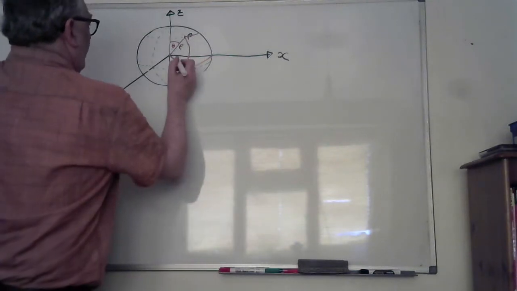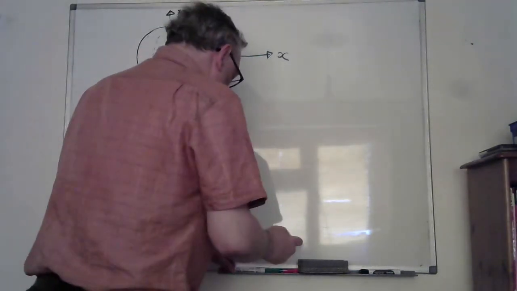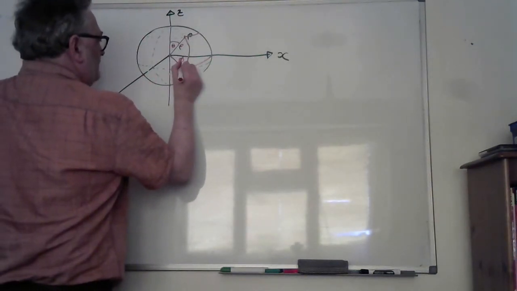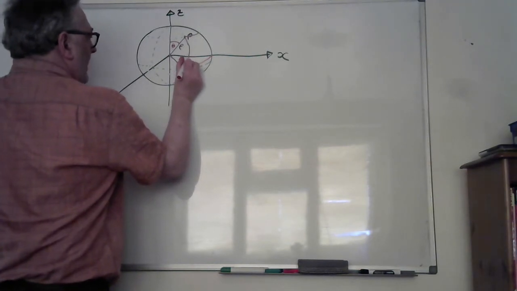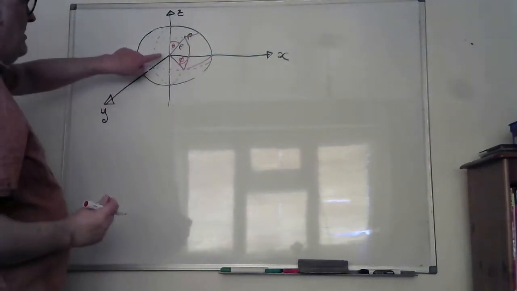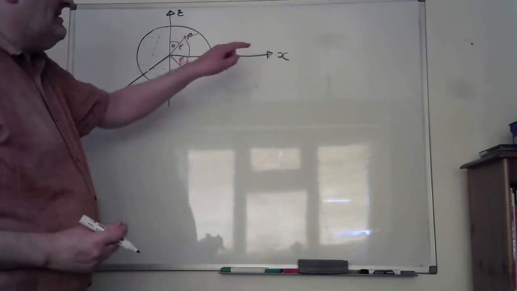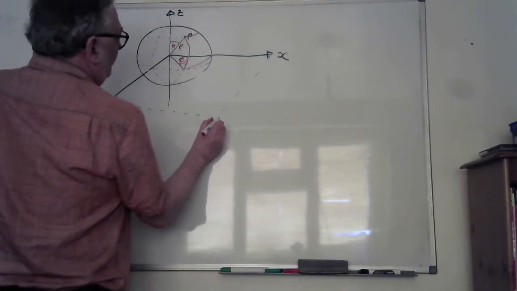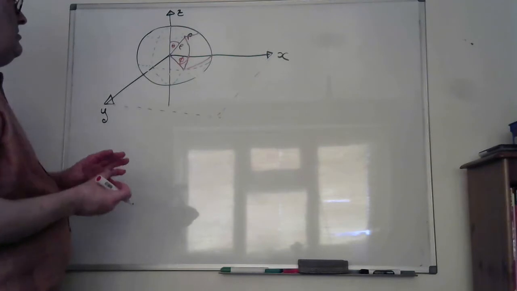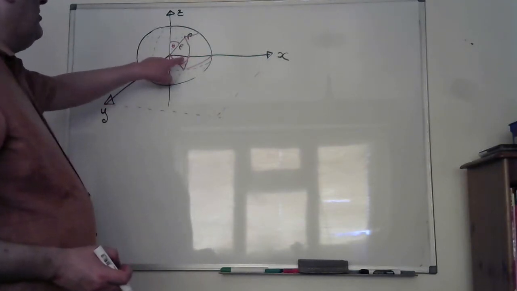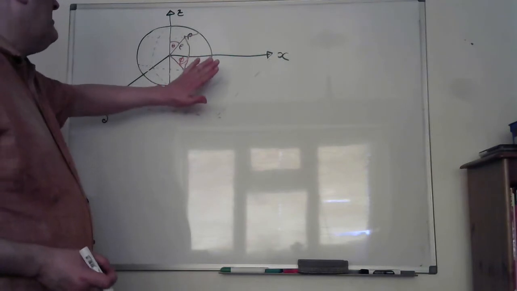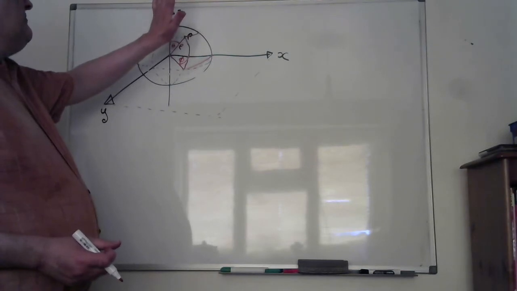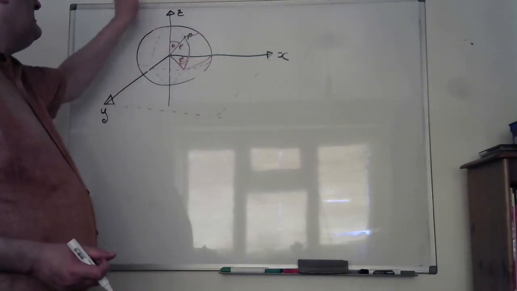It's important to understand that there is another angle in this, angle phi, and it's that horizontal angle between this line and the x-axis. If you think about the x and y axes describing a flat plane, that angle phi is in that plane, and the angle theta is perpendicular to that plane.